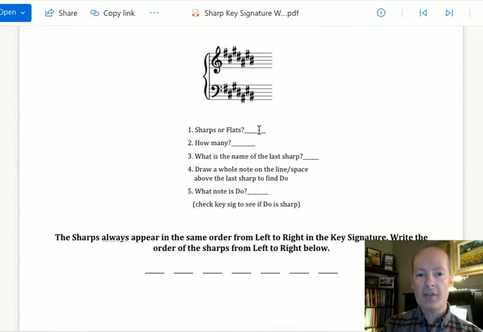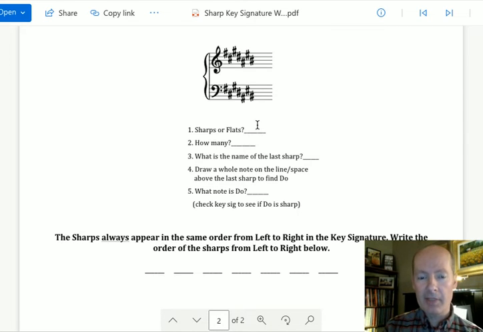Sharps or flats? Well, yes, there are sharps. How many? 1, 2, 3, 4, 5, 6, 7. So all 7 letters of the alphabet, all 7 notes of the scale will be sharped in this key signature. What is the name of the last sharp? Every good boy. B. B sharp is the name of the last sharp.